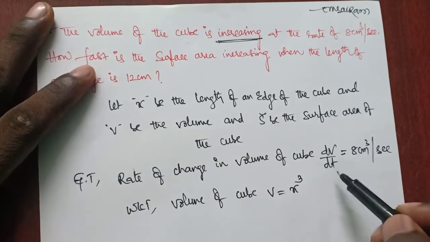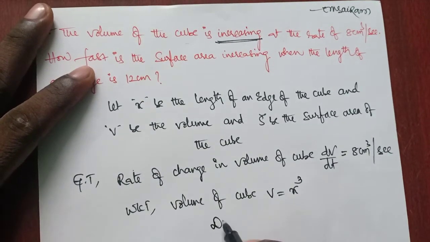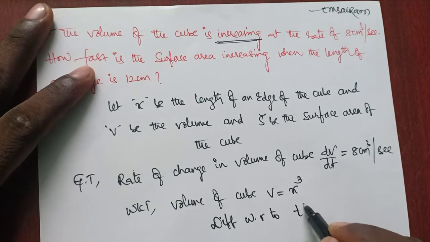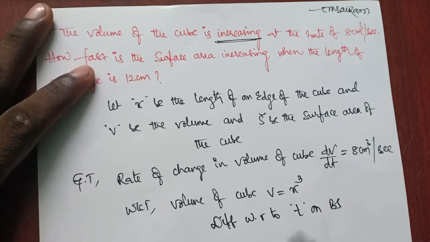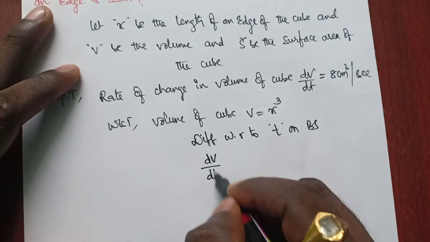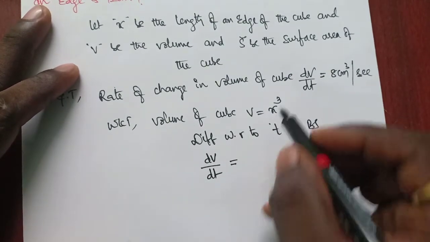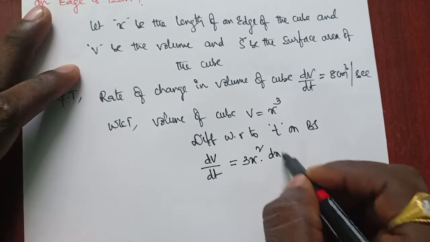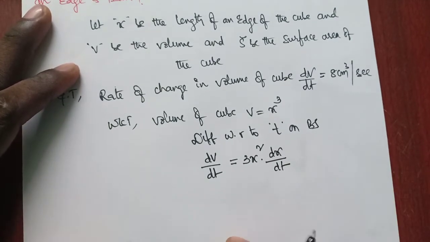Now we need to find dv by dt, so differentiate with respect to t on both sides. So we get dv by dt for v. For x cube the derivative is 3x square, and for x the derivative is dx by dt.